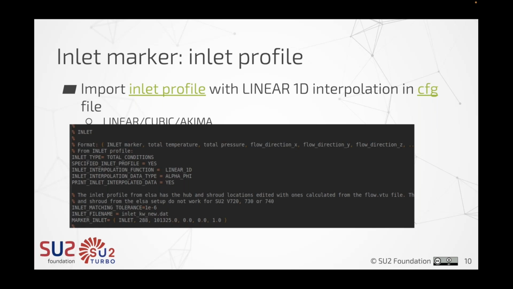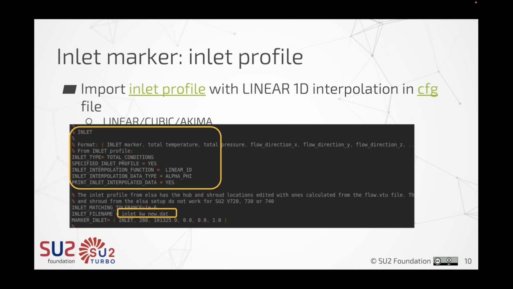So, and then this is just a generic setup for the marker inlet. If you comment this out, then it'll ask you for this. But the inlet conditions are basically set by the inlet profile.